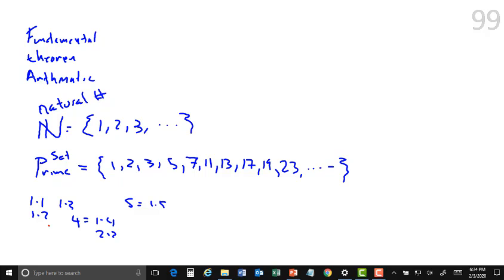Going to infinity anyway. Okay, so now I'm going to show you how to do square roots using the fundamental theorem of arithmetic. First, let's take a look at a number. So let's say I have 24. Now, this theorem says every number has a DNA made up of prime characters multiplied together.